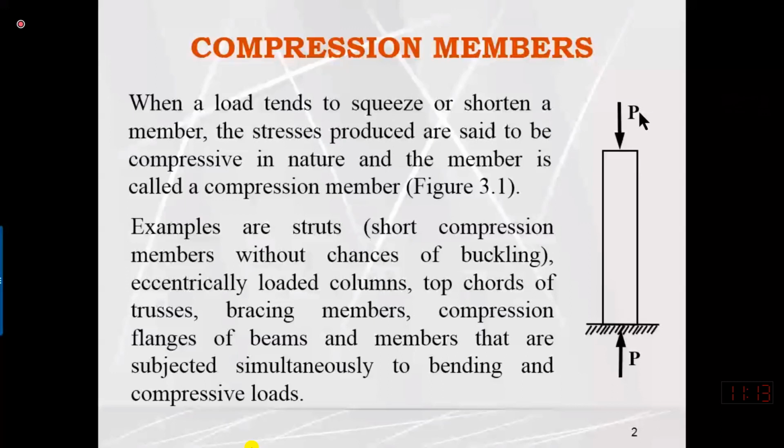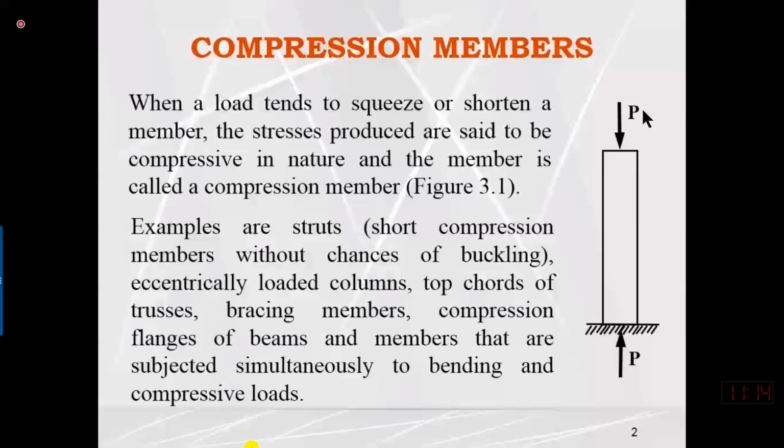It buckled, or suddenly bent in the out of plane direction, when the load was equal to 100 Newton, which is less than 250 Newton. So at the failure point, the load is 100 Newton, 100 Newton divided by 1. It means that it failed at a stress value equal to 100 megapascal. 100 megapascal is less than 250 megapascal.